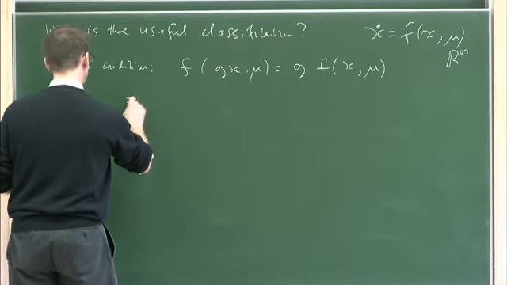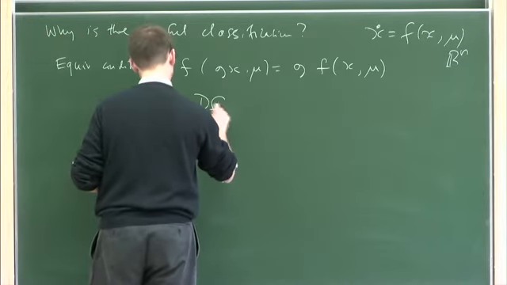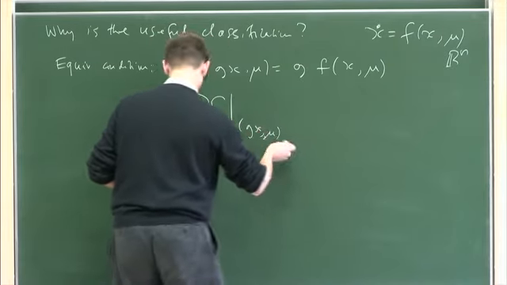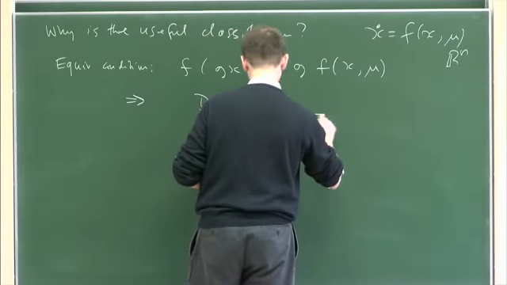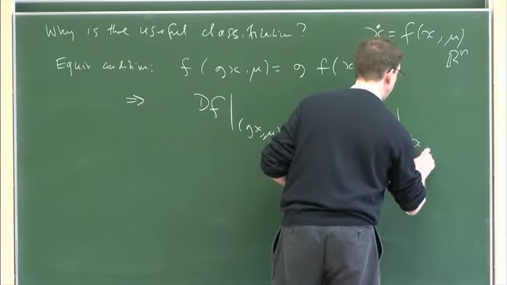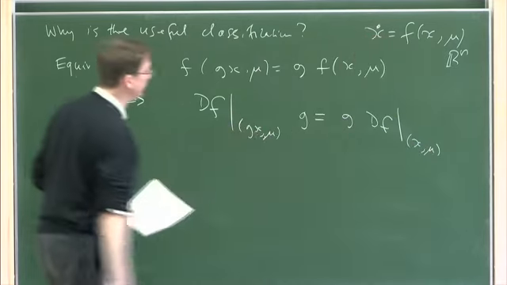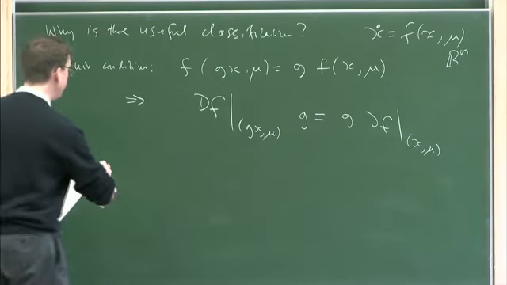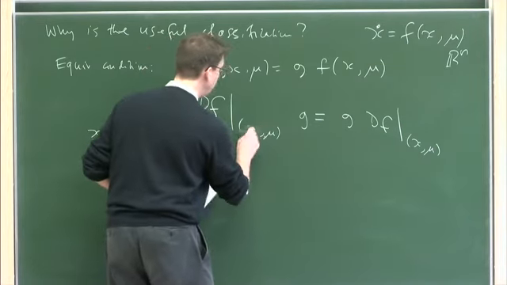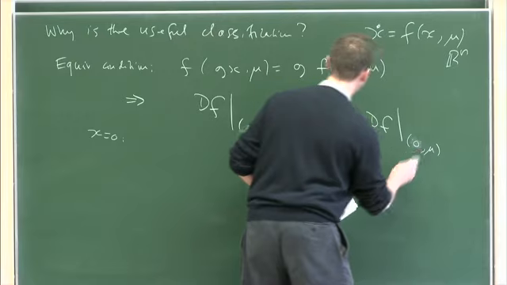So if I differentiate this, then I have the Jacobian matrix evaluated at gx comma mu multiplied by g, so this is just matrix multiplication, equal to g times df evaluated at x comma mu. G is linear, so if I set x equal to 0, then g0 is 0.